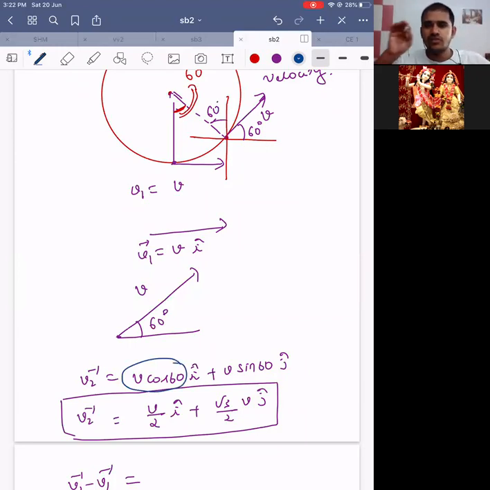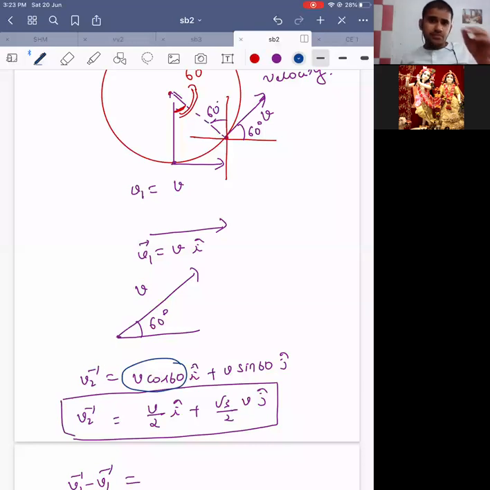Even if velocity is constant, velocity is a vector. We discussed one thing. If it is moving in the same direction with the same magnitude, then change in velocity is 0.